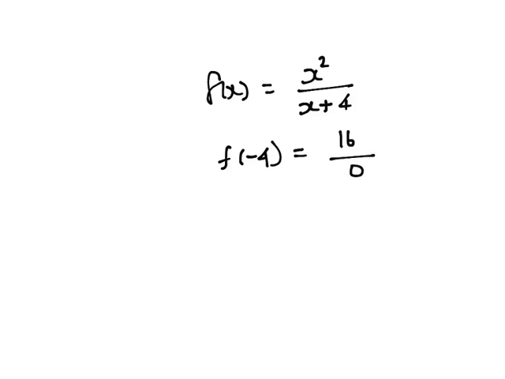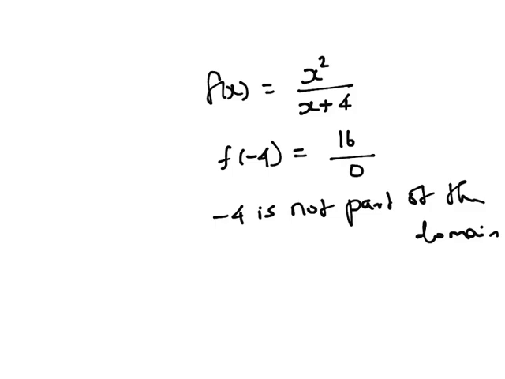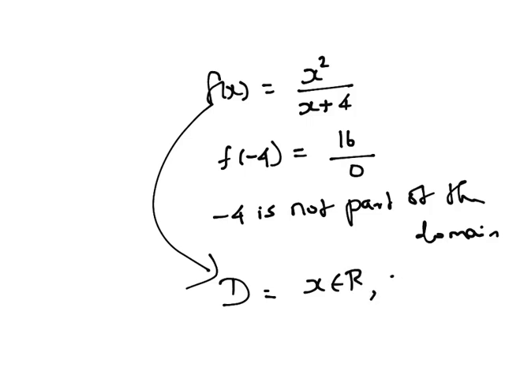Therefore minus 4 is not part of the domain, correct? So for this function the domain is all real numbers except minus 4. Okay, let me take another example.